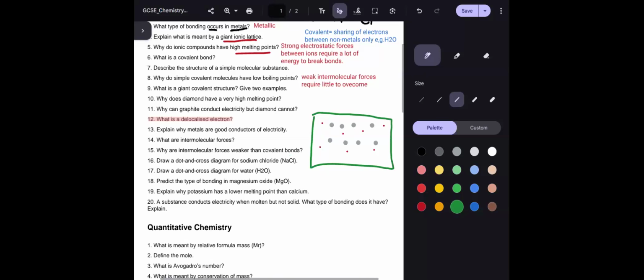So they interact, they can be shared between these metal ions, and they will have an electric charge. Remember, they're negatively charged, so they are charged particles. So they are going to be shared between these metal ions, and they will have a charge, and then that will cause bonding, right?